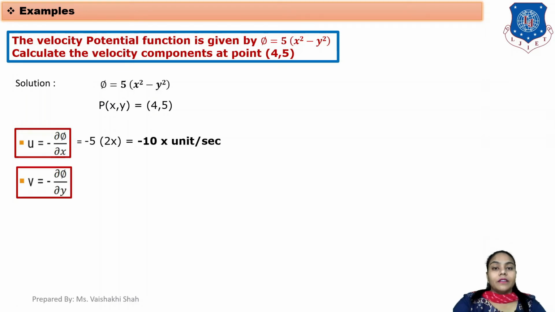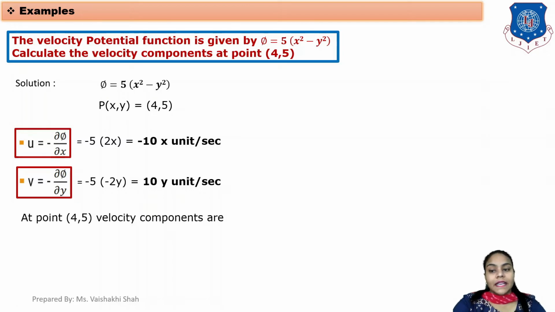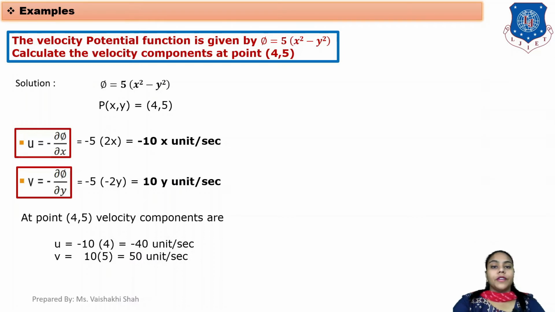Now, v equals to minus del phi by del y. Differentiating with respect to y, you get minus 5 into minus 2y, that is 10y unit per second. Now, at point 4, 5, where x equals to 4 and y equals to 5, u equals to minus 40 unit per second and v equals to 50 unit per second.